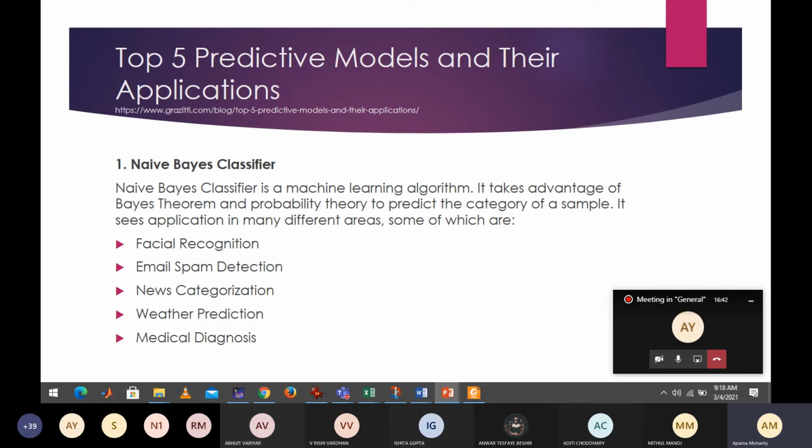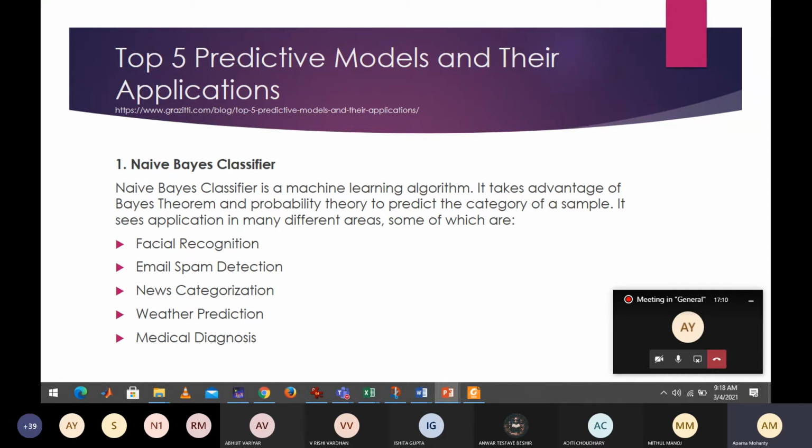Next comes the top 5 predictive models and their applications. This is just one example of what kinds of predictive models exist nowadays. There are different models, but 5 most prominent models exist. The first of them is the naive Bayes classifier. Most of you might have already used this.